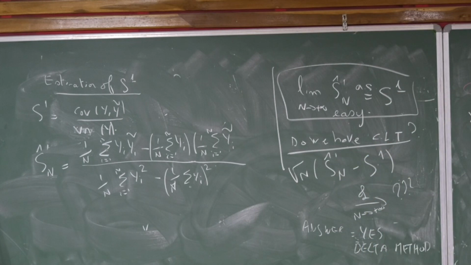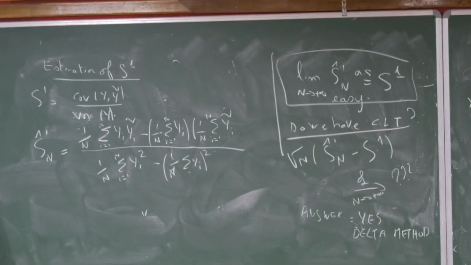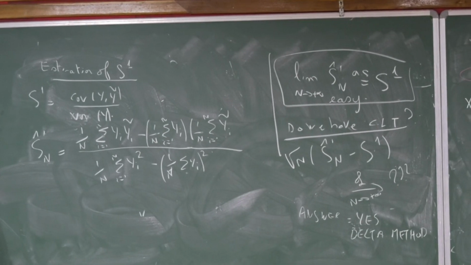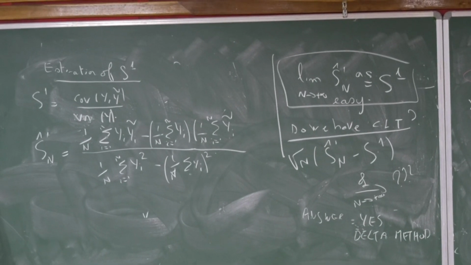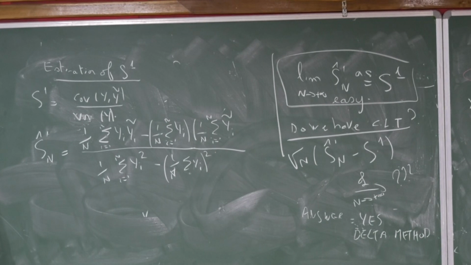So the answer to this question is yes, this is true. We have a Gaussian limit, and we'll see tomorrow that the proof is just a really nice application of the delta method. We saw this morning, but maybe I won't do the proof now. I just want to finish with 2 comments.